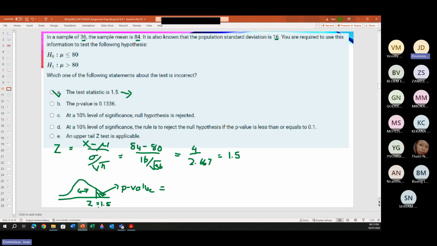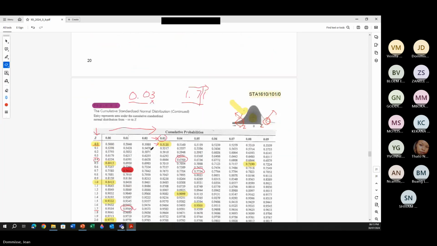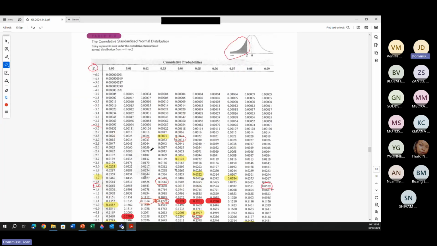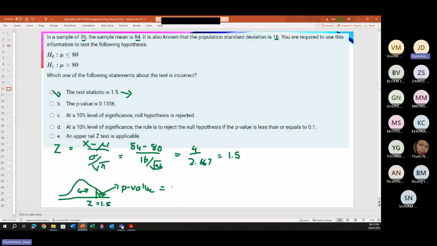So with Z is minus 1,5, I can look at what the Z value is. So Z minus 1,5, so 0,0668. So if I look at the p-value, 0,0668.